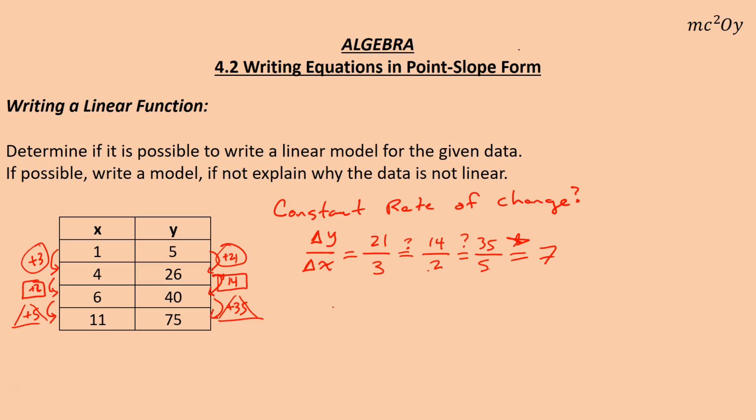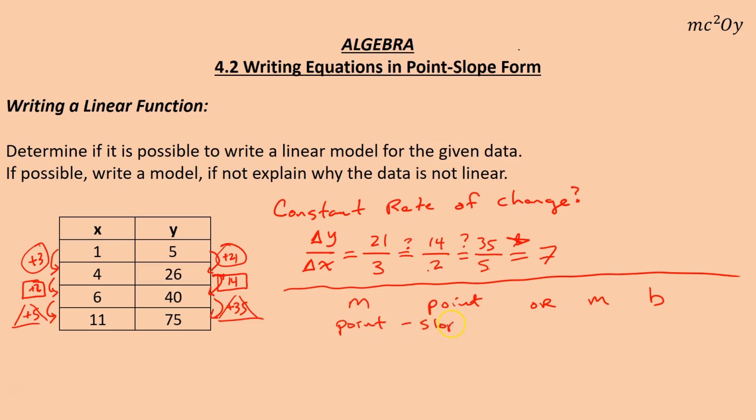Well, in order to write an equation, we need to know a couple things. We need to know m and a point, or we need to know m and b. So if we want to write it in point-slope form, we need to know the point and the slope.